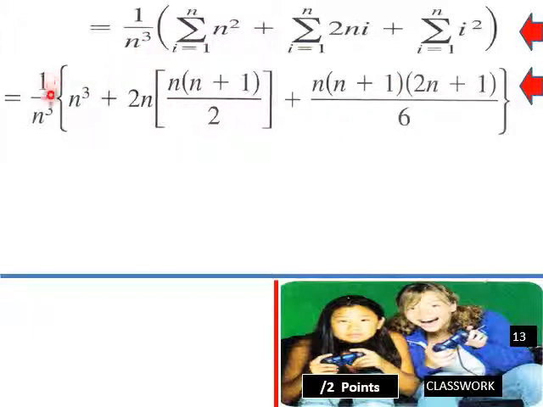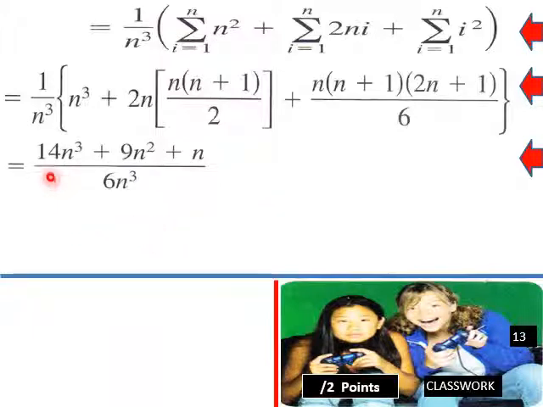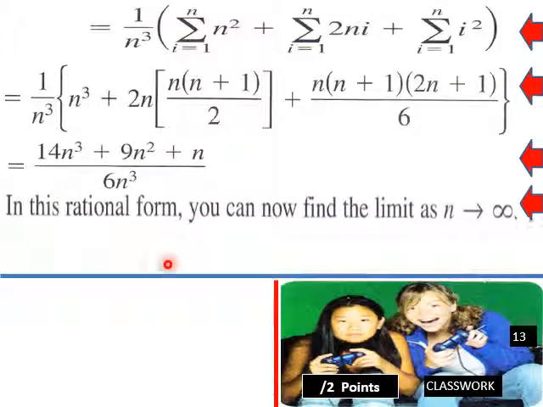We have 1 over n cubed, and this is n cubed plus 2 times n times (n plus 1) over 2, and then this becomes n times (n plus 1) times (2n plus 1) over 6. So we have this thing here now, and when we combine all these together, we'll end up with 14n cubed plus 9n squared plus n over 6n cubed.